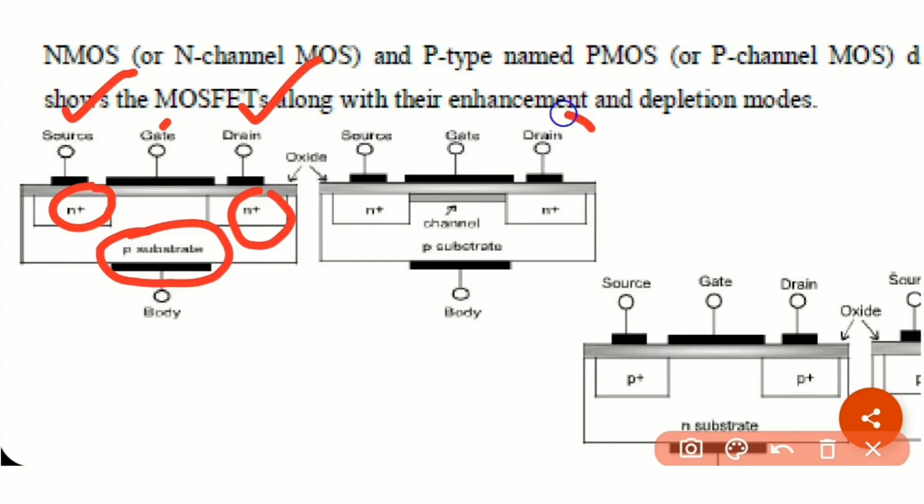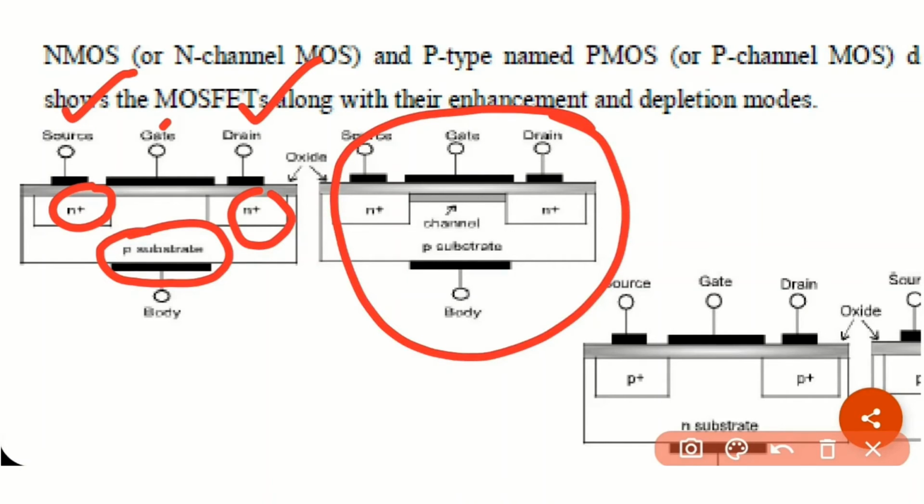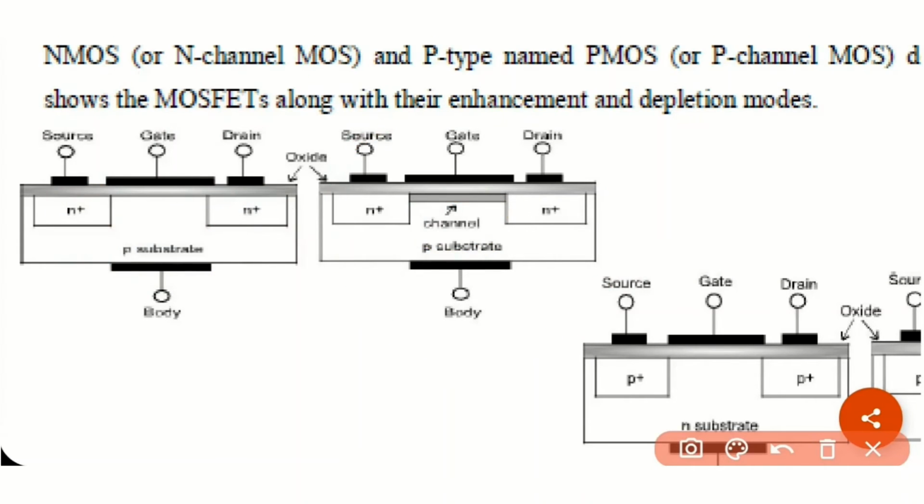The second diagram, that is this, it is also the same. We are having P substrate and N doping, but there is a channel already formed. Clear? So channel is already there. So accordingly you are having the two types, enhancement mode and depletion mode.